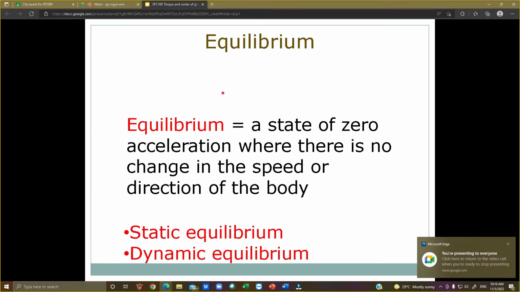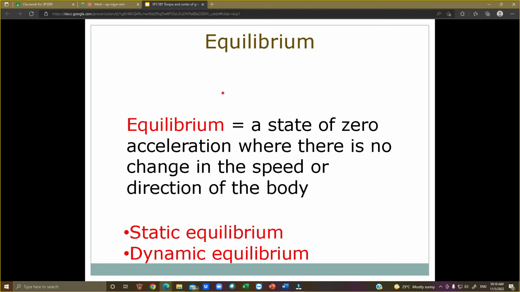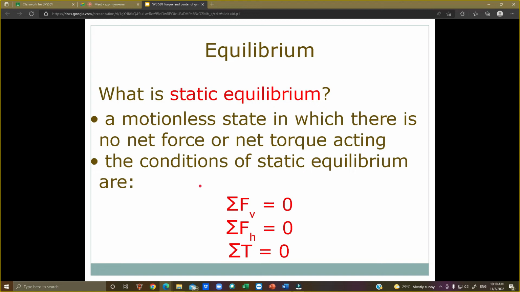So, those two have a lot in common, and that is actually equilibrium, like the first slide. Okay, where equilibrium can be divided into two, which is static equilibrium and dynamic equilibrium. Although there are two types of equilibrium, they share a major property, which is they don't have any magnitude.